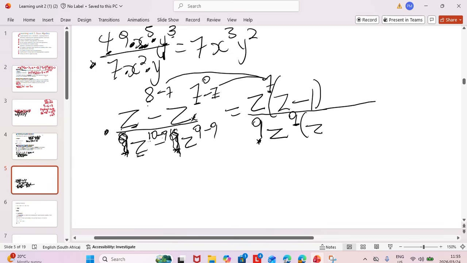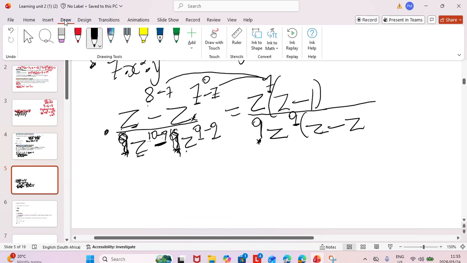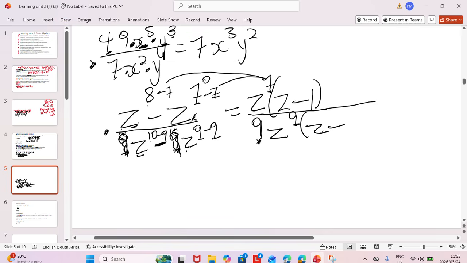You'll get z to the power of 1, an invisible 1, you don't need to write. Minus z to the power of 9 minus 9, which is z to the power of 0, and anything to the power of 0 is 1 in maths.